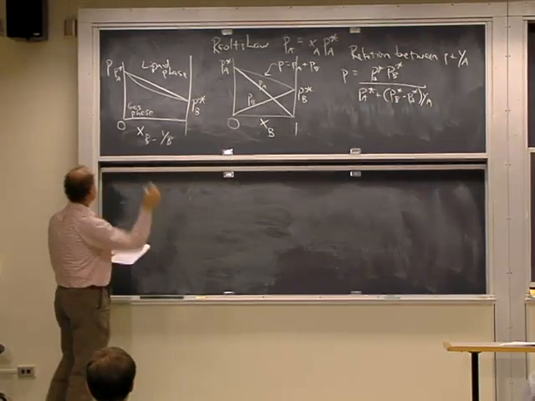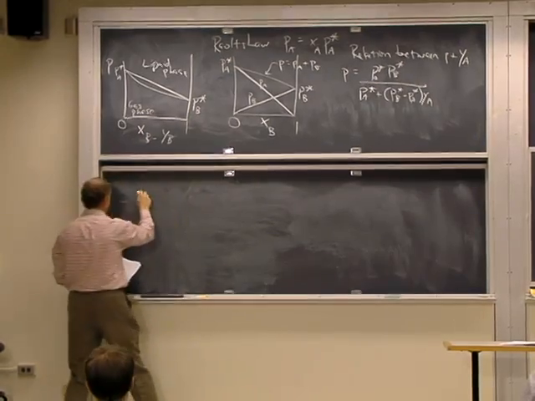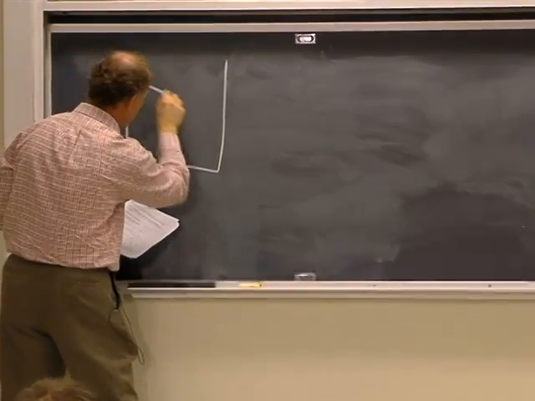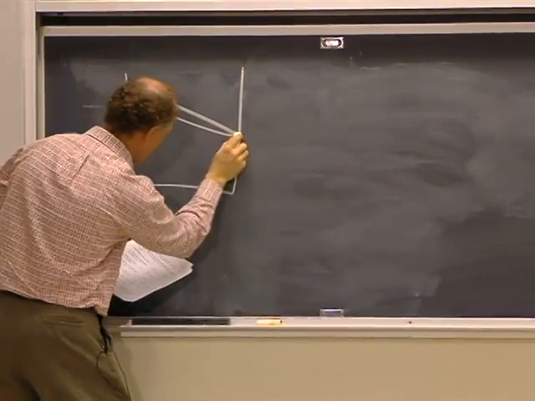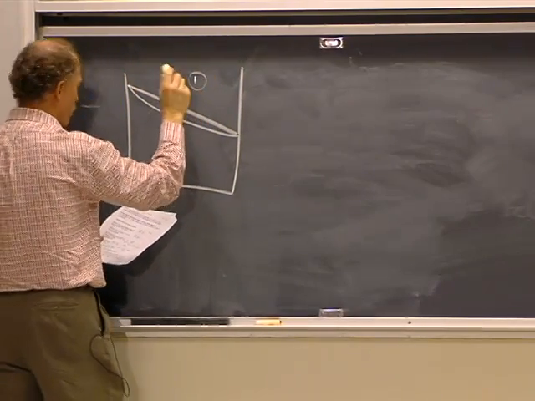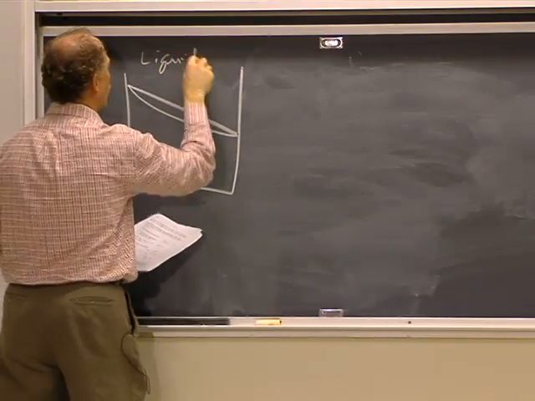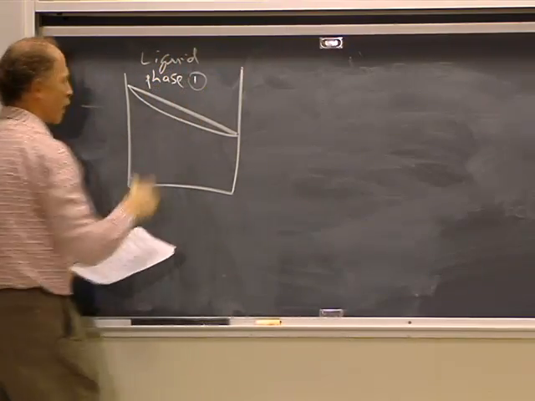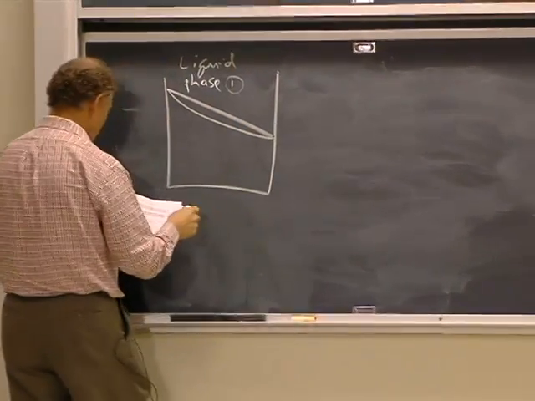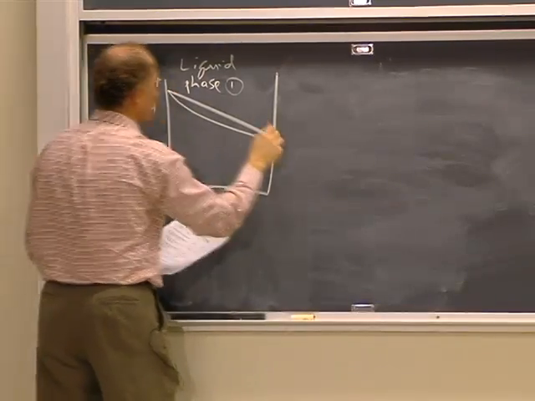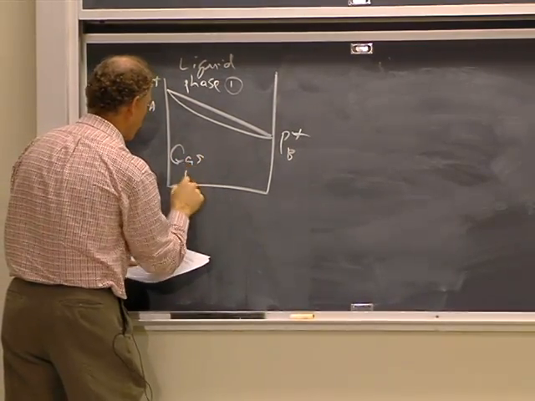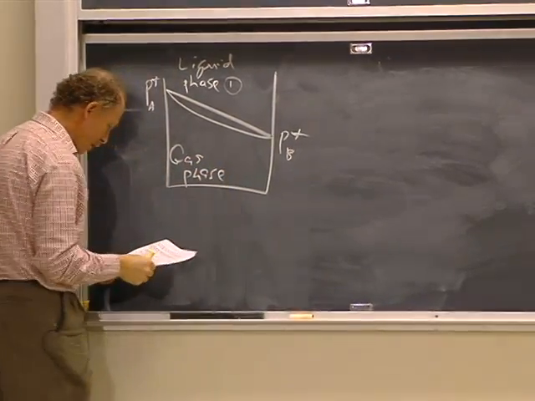So let's just start somewhere on a phase diagram like this, right? Let's start up here at some point 1. So we're in the all liquid phase. It's still a mixture, not a pure substance. PA star, PB star. There's the gas phase.